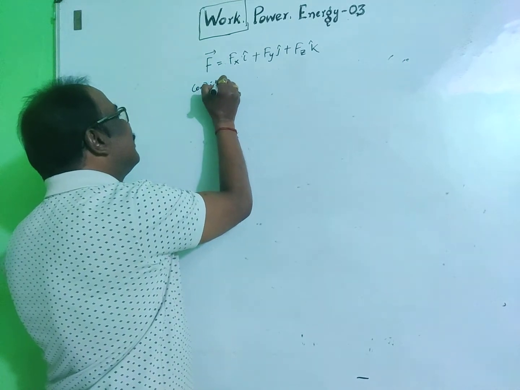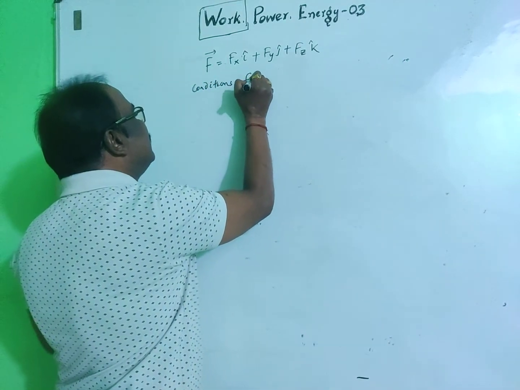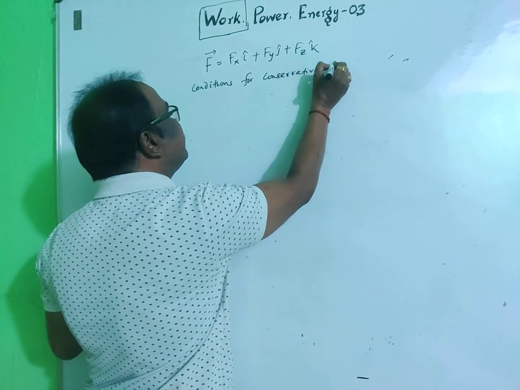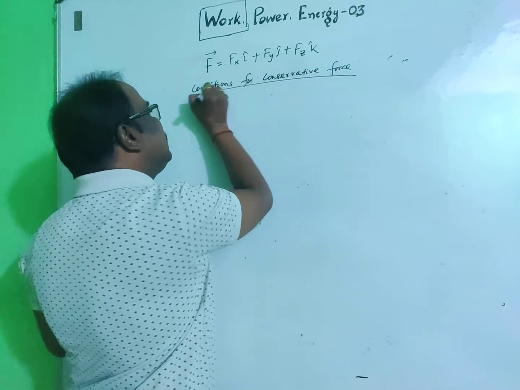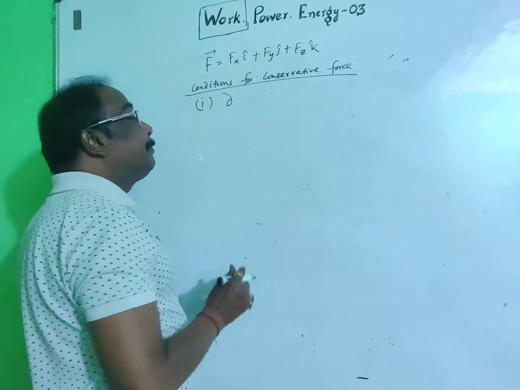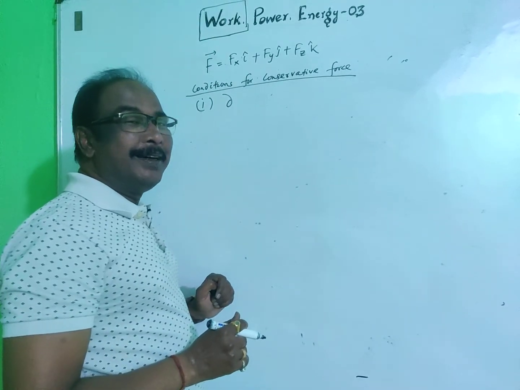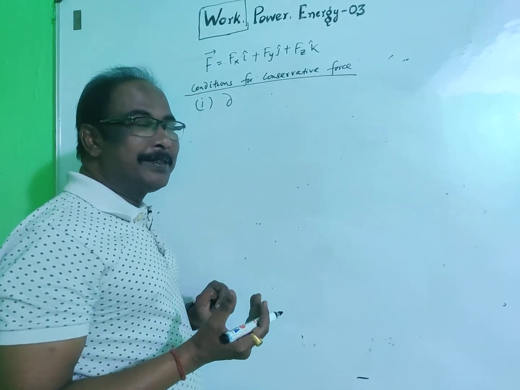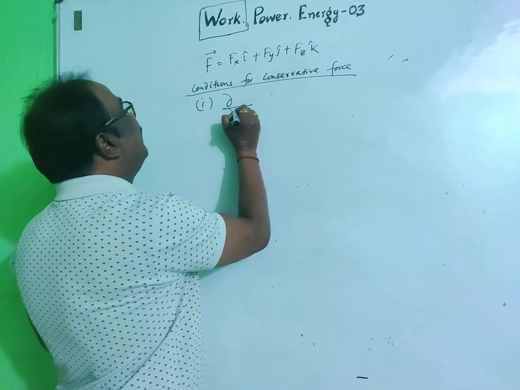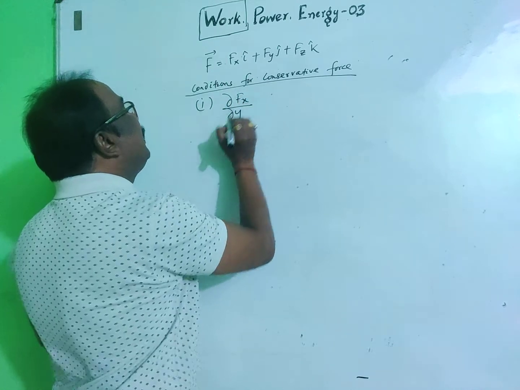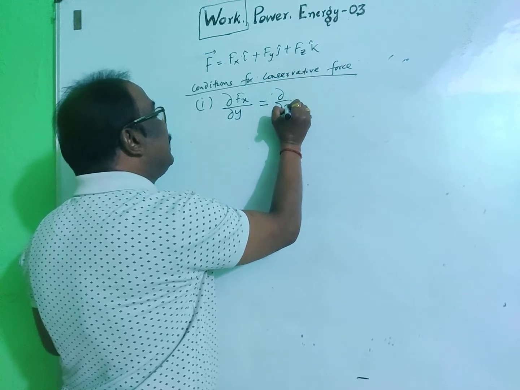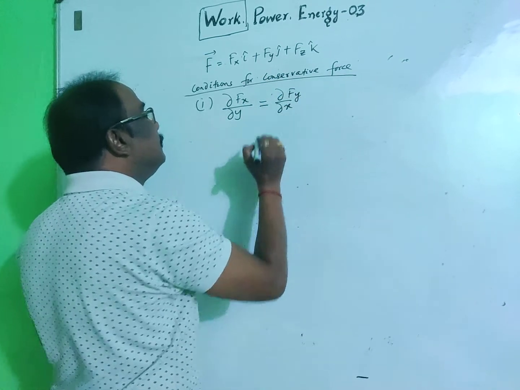Then conditions for conservative force. See, for the first condition, we have to take the derivative of the rectangular components of force: d by dy of the component of force along the x-axis must be equal to d by dx of the component of force along the y-axis.